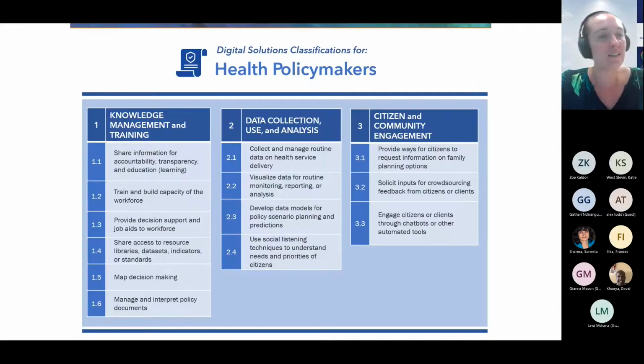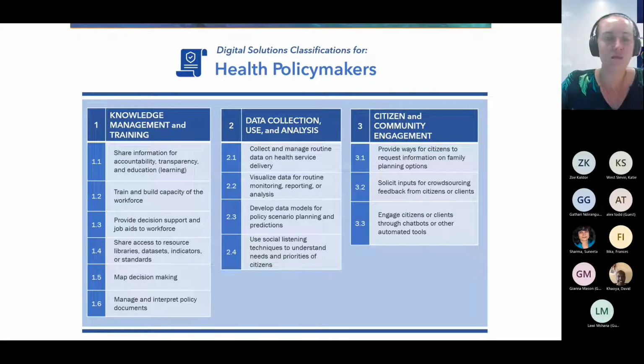So to help make sense of this inventory of tools and solutions that we've identified, we reviewed each of the tools' functions and created classifications, sort of in the same vein as the World Health Organization's classifications for digital health interventions, but specifically with health policymakers and people that work in policy work as our target audience.